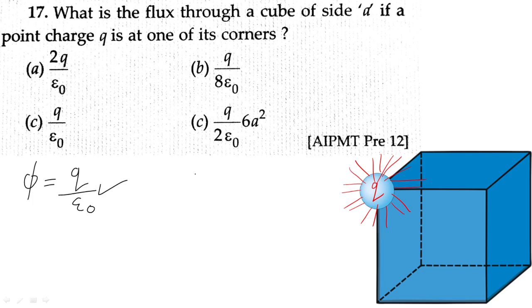This is the charge enclosed inside a closed surface or closed volume. So we have to calculate what the charge enclosed in this cube is. We can consider it like this.